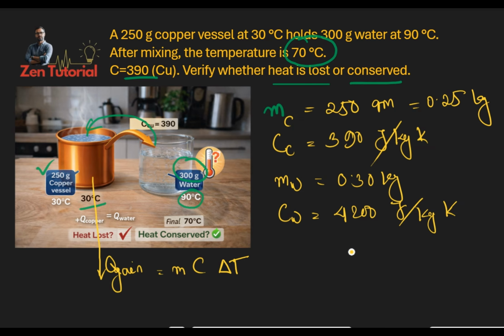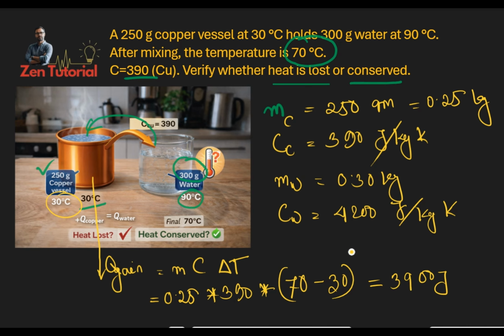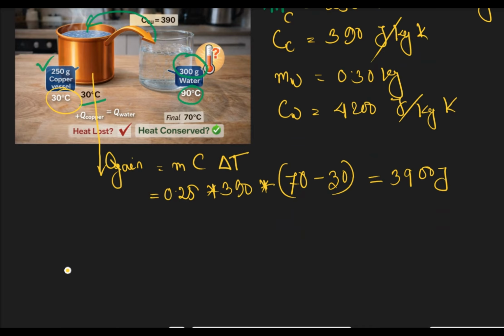Let's plug in the values here: 0.25 times 390 and the change of temperature, so it was actually 30 degrees Celsius and the mix temperature is 70, so of course 70 minus 30. Altogether we have got the value of about 3900 joule.